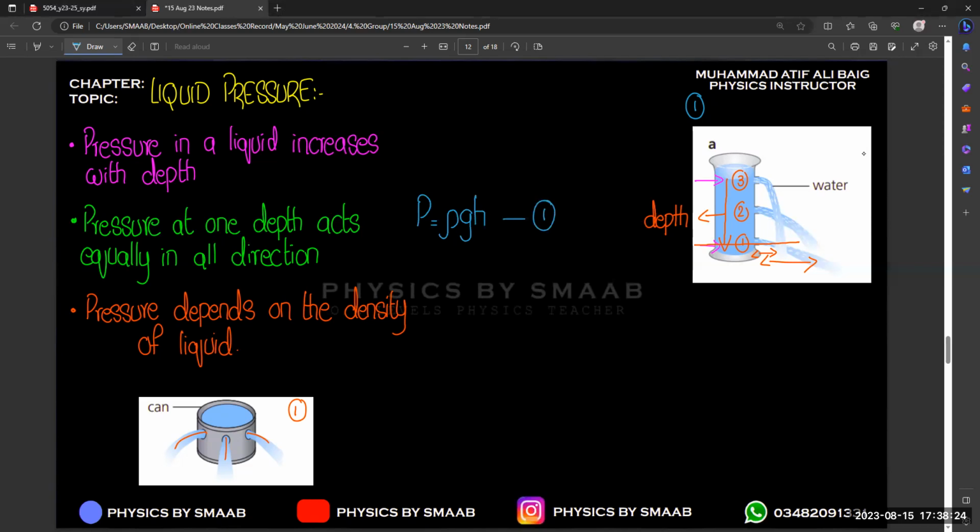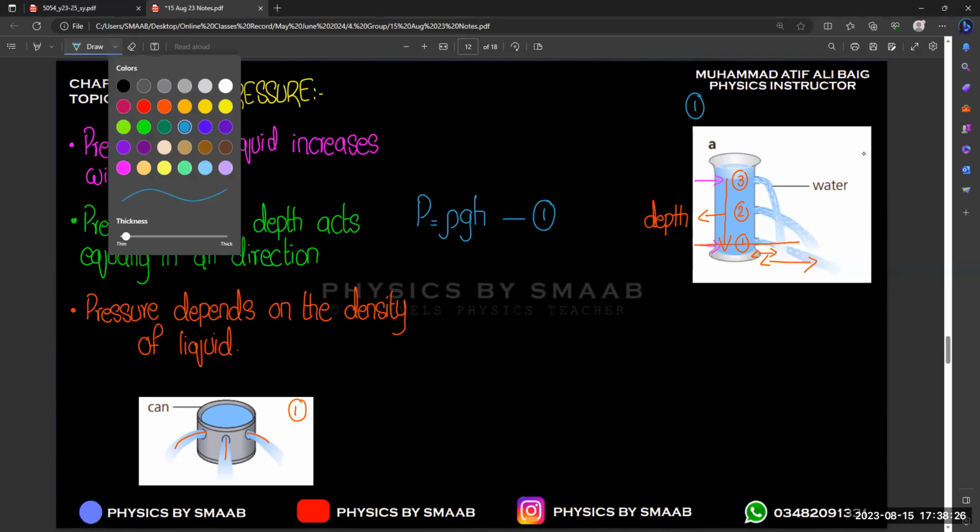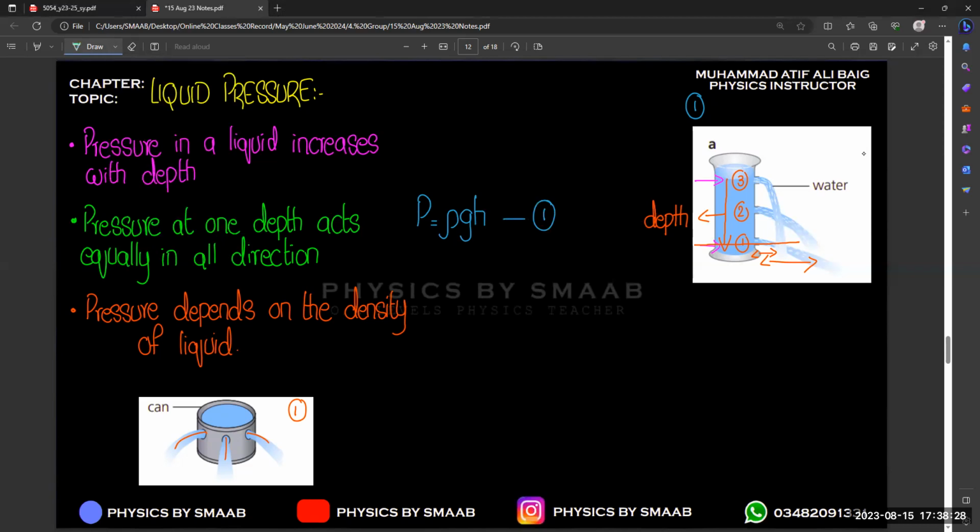So this is equation number 1, and this is your formula for pressure in liquid. Very simple formula. It means that pressure depends upon all these three factors, right? If you increase the density, okay, I will write the name of these symbols. This is for density.